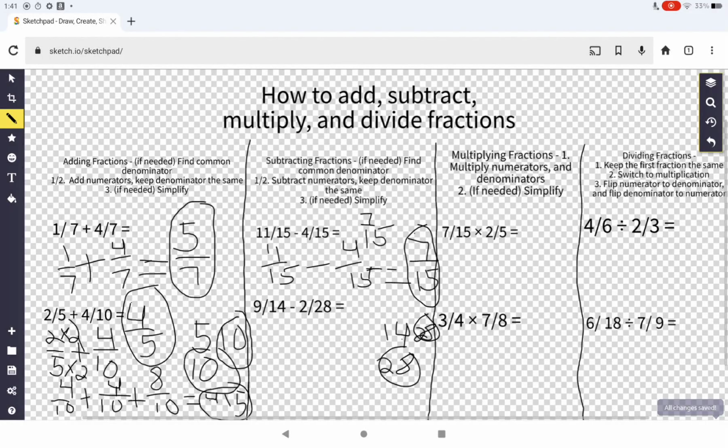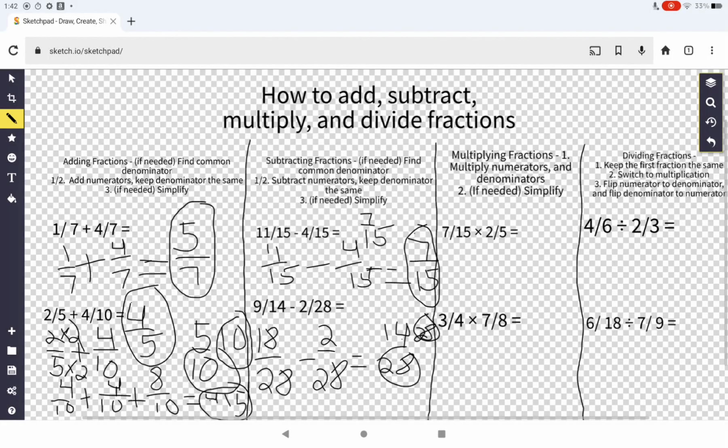So I'm not even going to write it, I'm just going to do 9 times 2 is 18, since we did the skip counting for the 14, which was in the denominator, we have to times 2. So now we know that 18/28 is equal to 9/14, and then we just do minus, and we just keep the two 28s the same, since we only skip counted once.